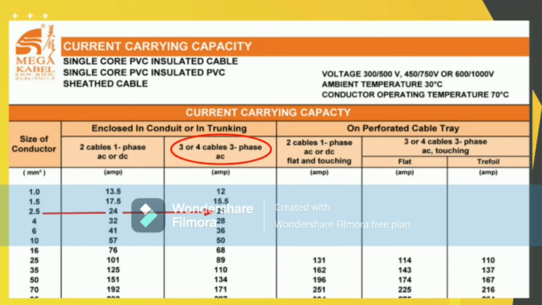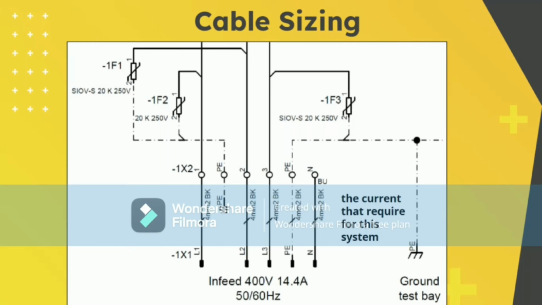So the limitation of current carrying capacity is 21 amp, while the current required for the system is 14.4 amp. So it should be okay if we want to change the size of cable to 2.5 mm square. Okay, that's all. Thank you.